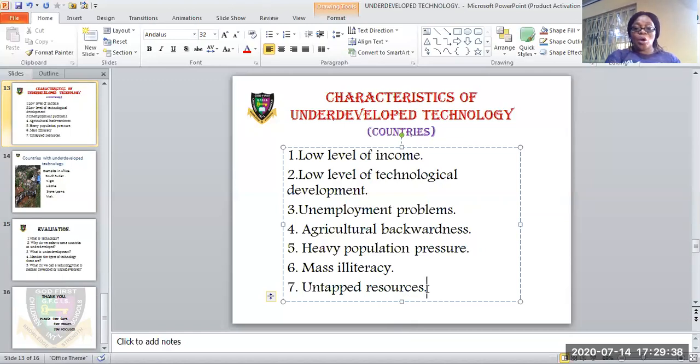Then we have untapped resources. Whether in human terms, they are untapped. Because there are so many talented people in these countries, many talented children, talented people that can bring success and develop technology for their people in this community. But no, they do not have the opportunities to enhance themselves technologically, thereby falling short of developing their country.